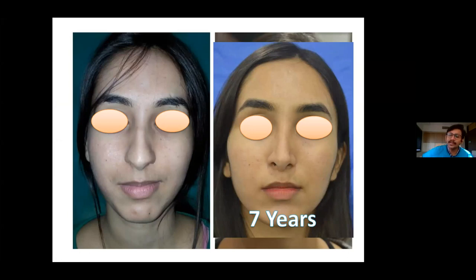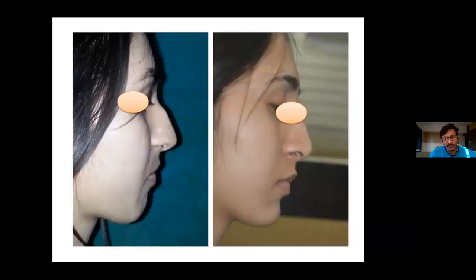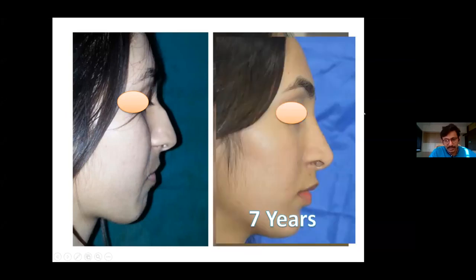So at points where you are using really firm sutures, you must use permanent sutures like 5-0 ethylon or 5-0 nylon. As you can see here, we nicely treated her hanging columella, but after 7 years, she still has a little bit of hanging. This is probably because of absorbable sutures.